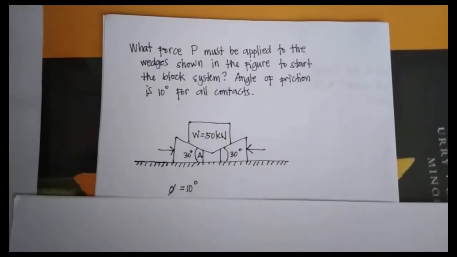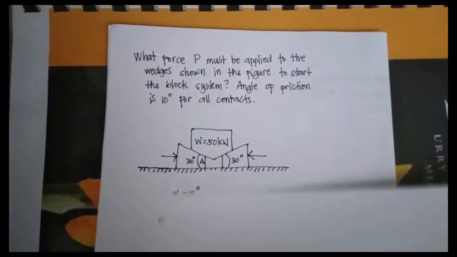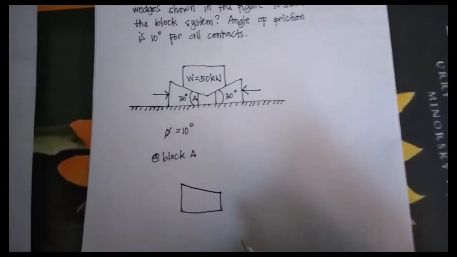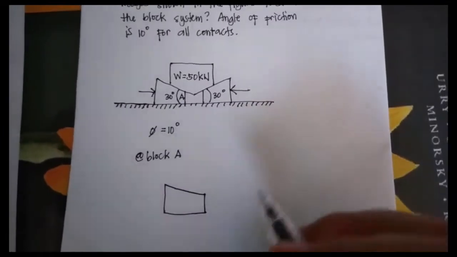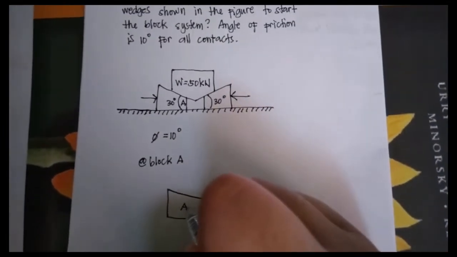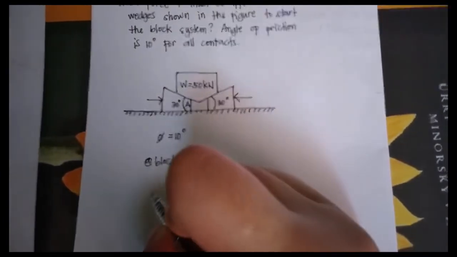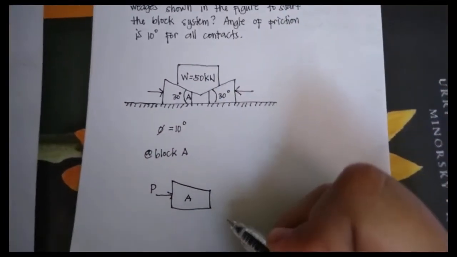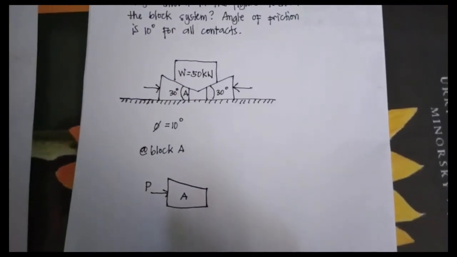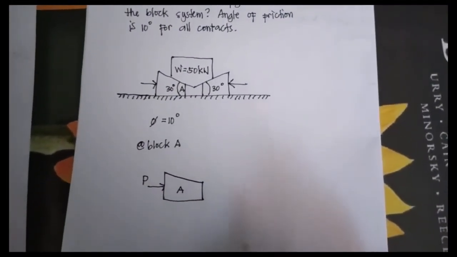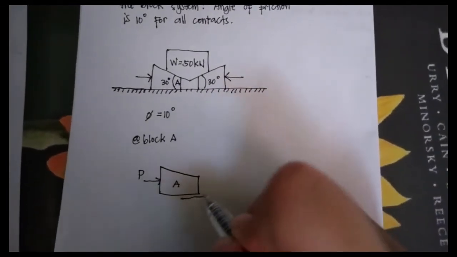So we have here an angle of 10 degrees and we will start at block A. So I've drawn here the FBD of block A. So this is block A. We have a force P here. The direction of force P is to the right, so we will have to resist it having a frictional force right here.